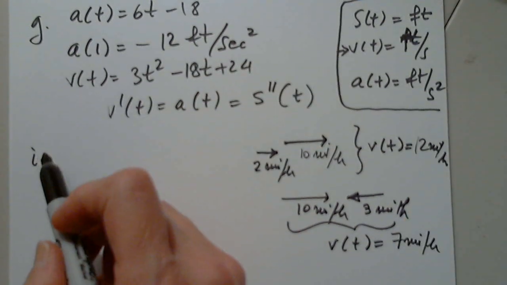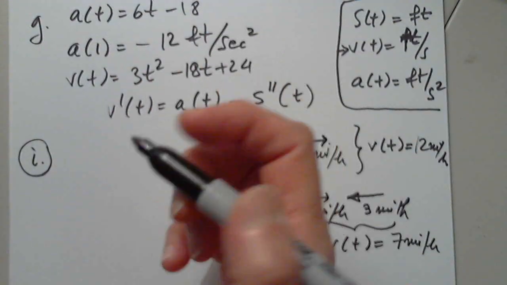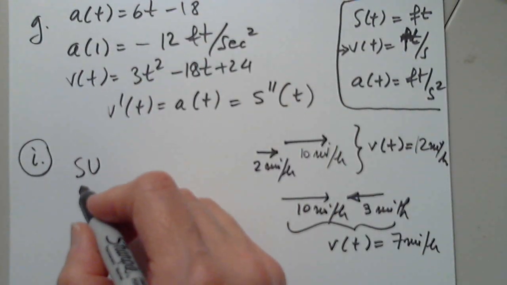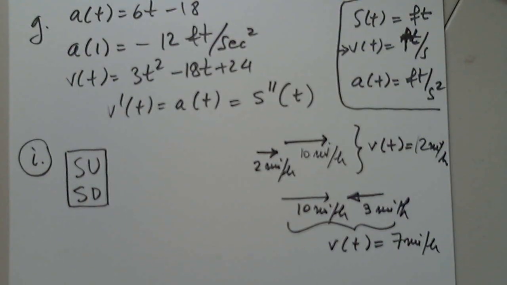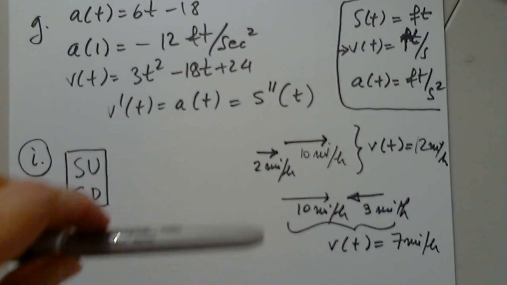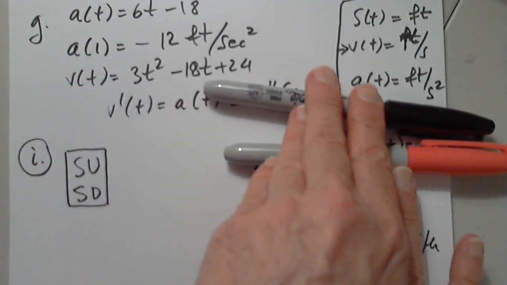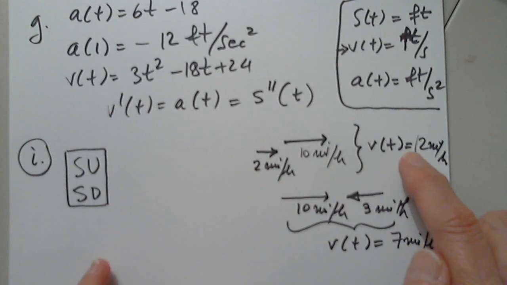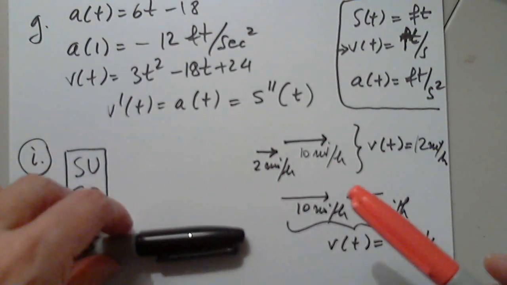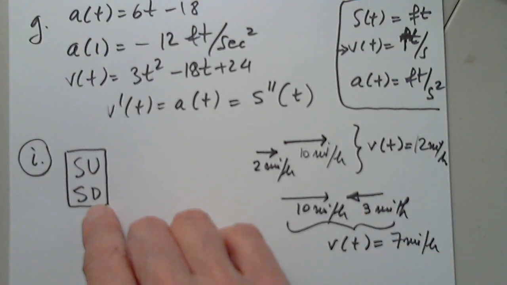So when we talk about this, about I, in our problem, speeding up or slowing down has to do with 2 forces either helping one another, which means speeding up, or 2 forces that are against each other, which means slowing down.